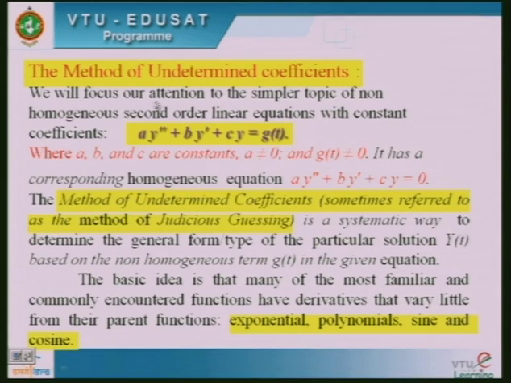We will focus our attention on the simpler topic of the non-homogeneous second order linear equation with constant coefficients, namely a into y double prime plus b into y single prime plus c into y is equal to g of t, where a, b, c are constants, a is not equal to 0 and the right hand side member g of t is not equal to 0.